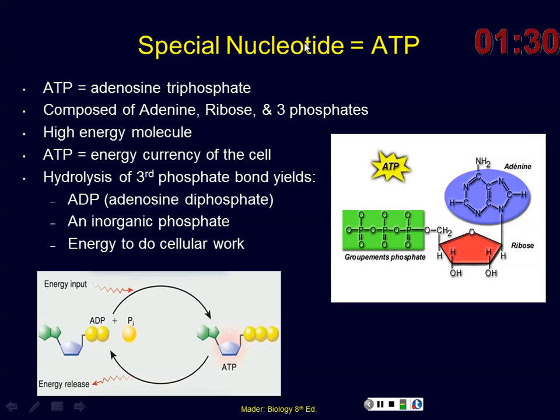Well, the reason it's called the powerhouse is because your mitochondria actually takes the glucose from the food that you eat, breaks down that molecule, and uses the energy to rebond that phosphate back to ADP. So this part of the cycle, energy input, happens in the mitochondria. That's going to be the energy from the food that you eat, the glucose, it's broken down, and your mitochondria is going to use that energy to make ATP.